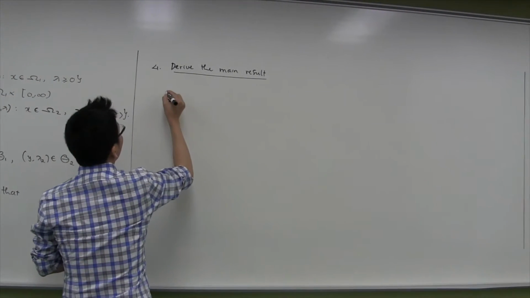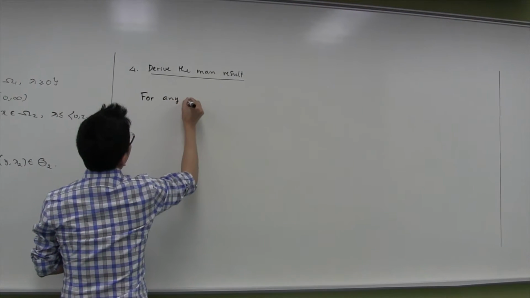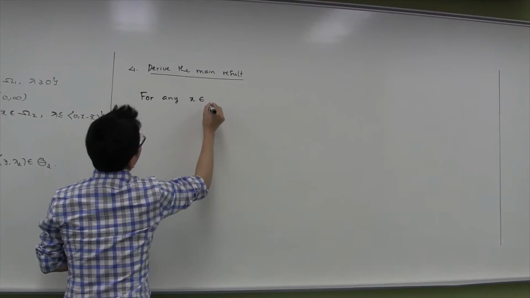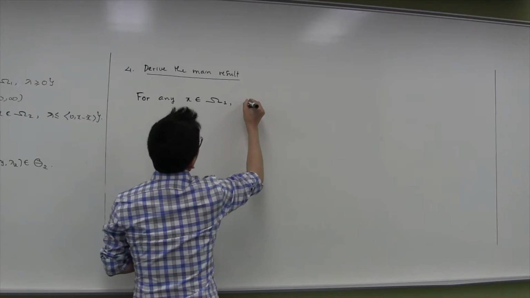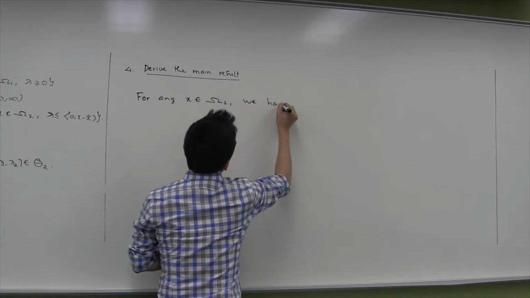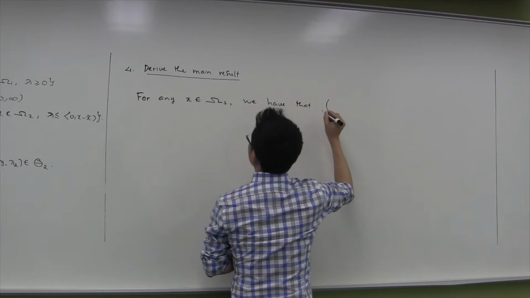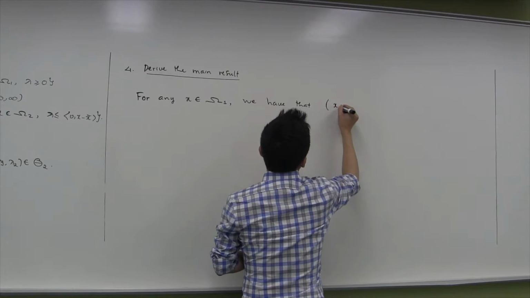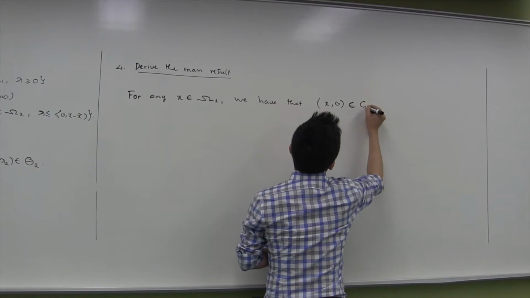So for any x in omega 1, we have that x 0 belongs to the set theta 1.